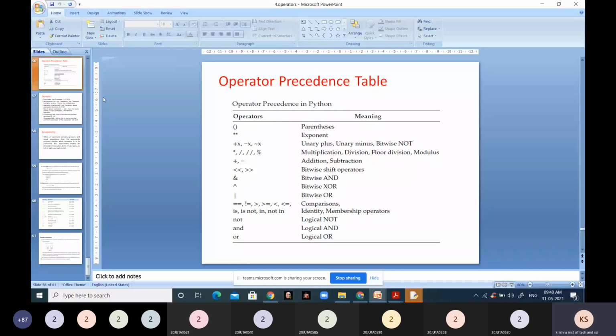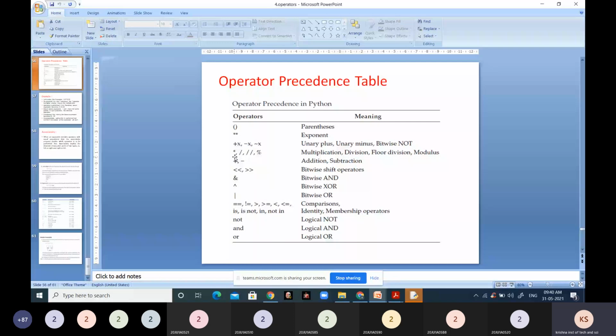Next are unary plus, unary minus, bitwise not, multiplication, division, floor division, that means arithmetic operations. Among arithmetic operations, the highest priority is given to multiplication, division, floor division, and modulus. Next priority is addition and binary subtraction.